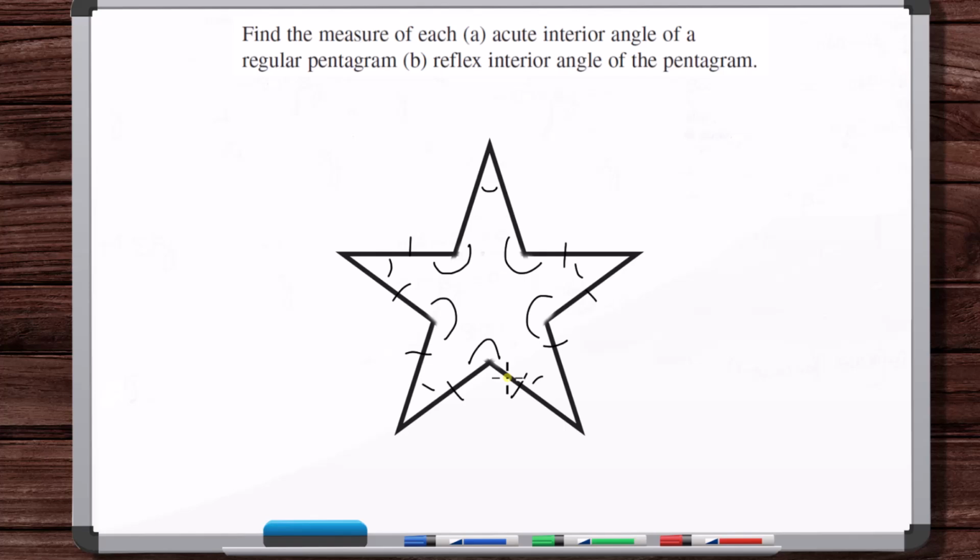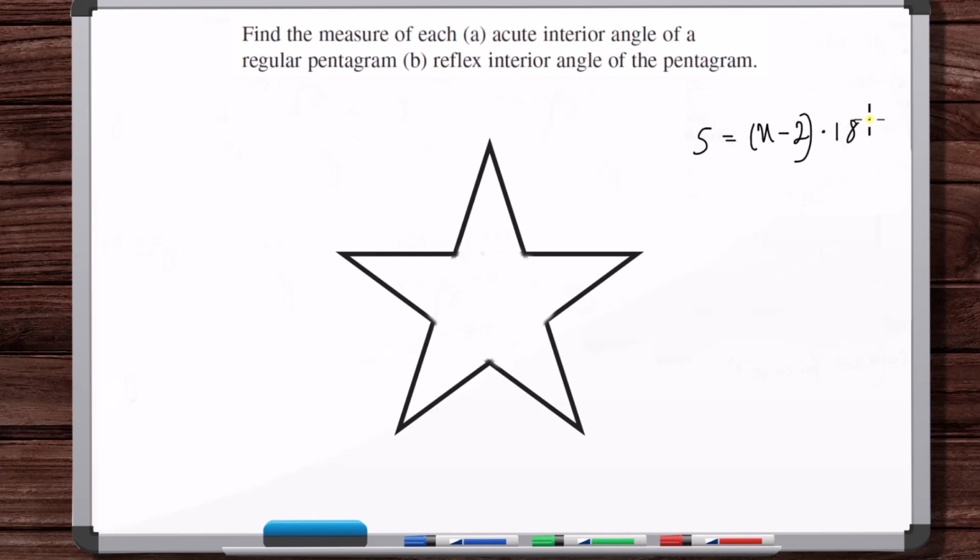Okay, so with that, can we find the measure of each of the acute interior angles as well as the reflex interior angles? Well, we can start by using the relation that gives the sum of all of the interior angles of a polygon based on the number of sides. So we know that S is equal to n minus 2 times 180.